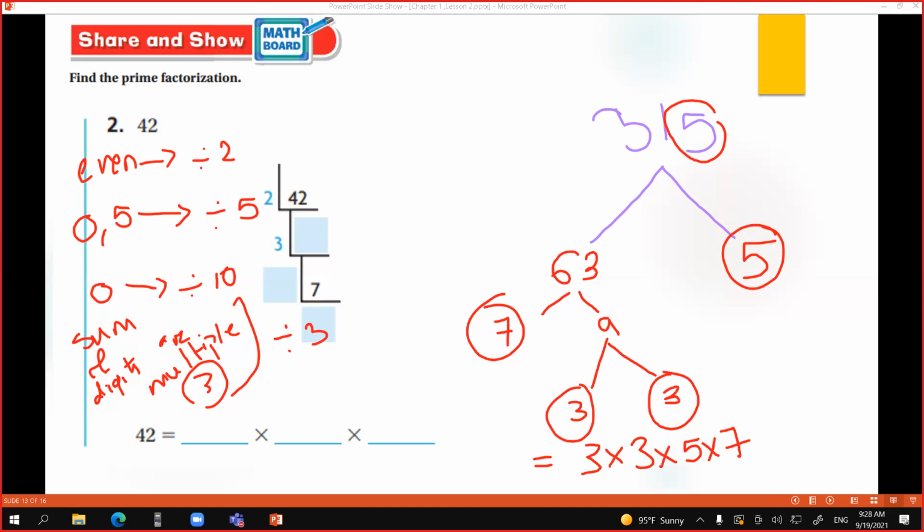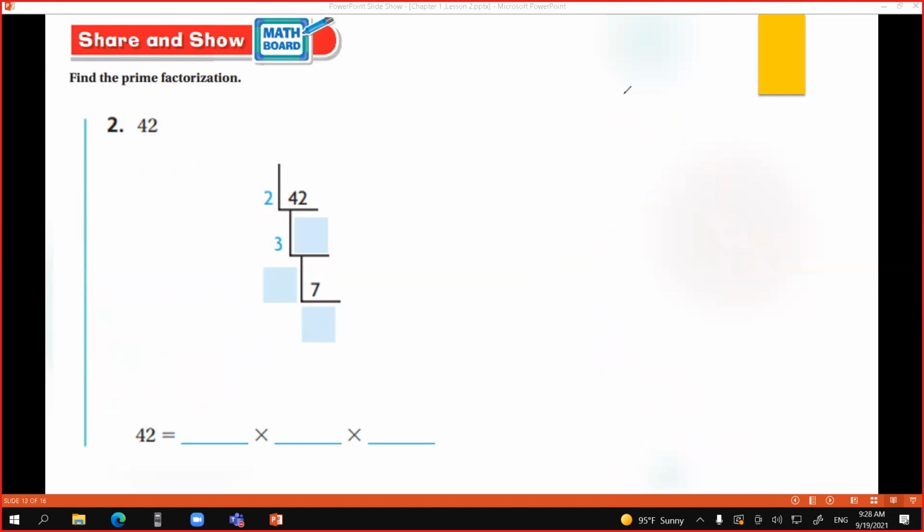Got it now? Yes, got it, but teacher, if we have, let's say, 200, how can we solve it when we have two zeros? If you have 200 as an example, I will solve another example here. We have 200.